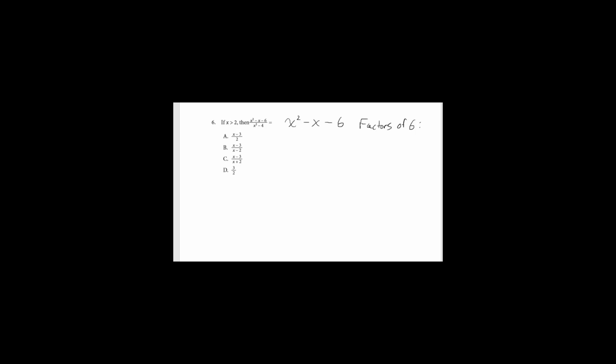And keep in mind that there's a negative here, which means that we want to look at the differences also. Like the difference should match the coefficient here, which is -1.